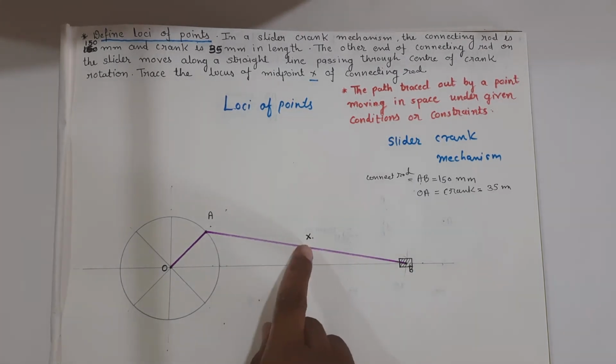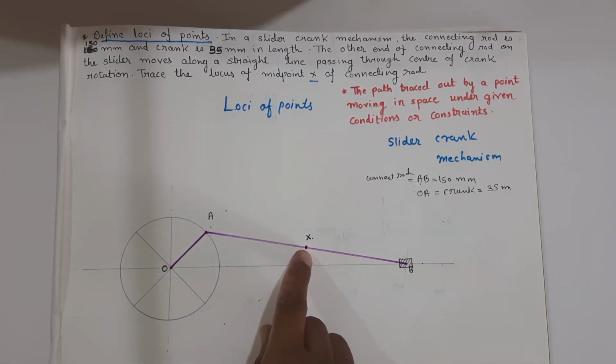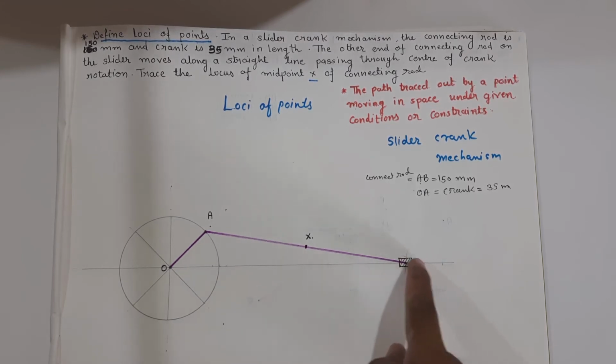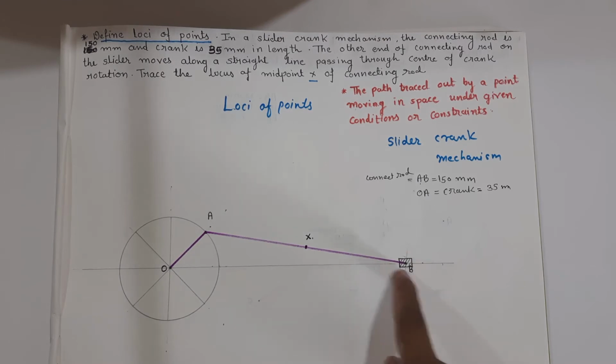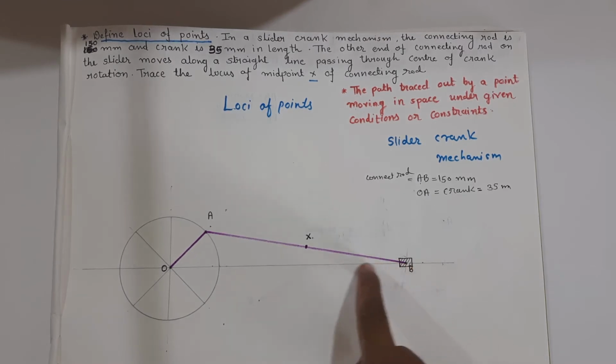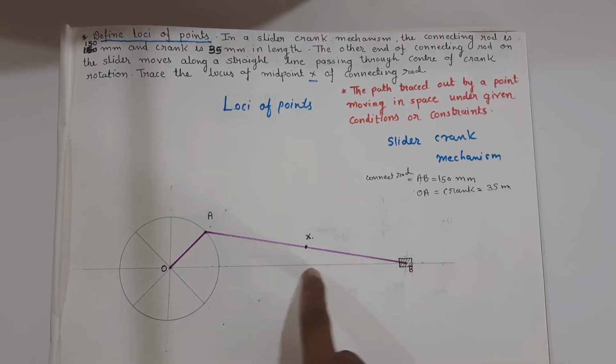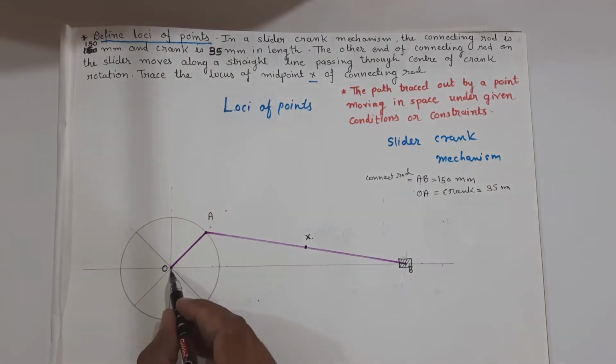And if we want to find out the locus of point X, we have to find out the locus of point B. As we have discussed, this is the slider, so it slides on this line and gives us the locus on this line, the line passing through the center of the crank.